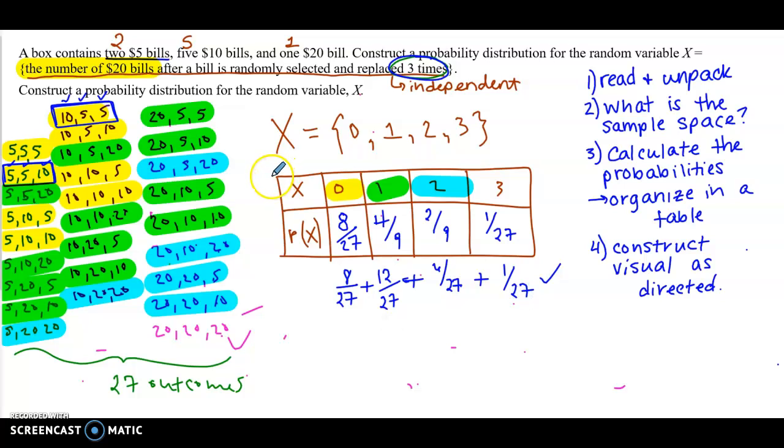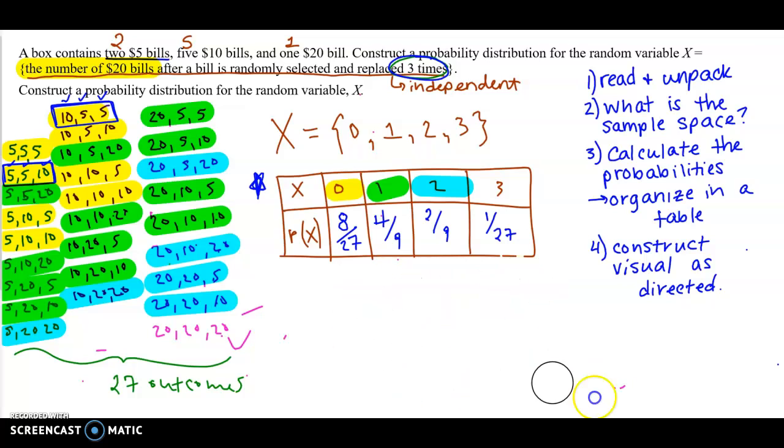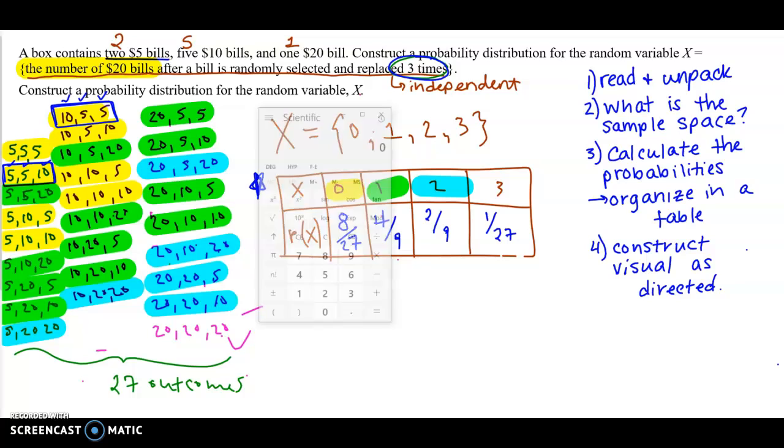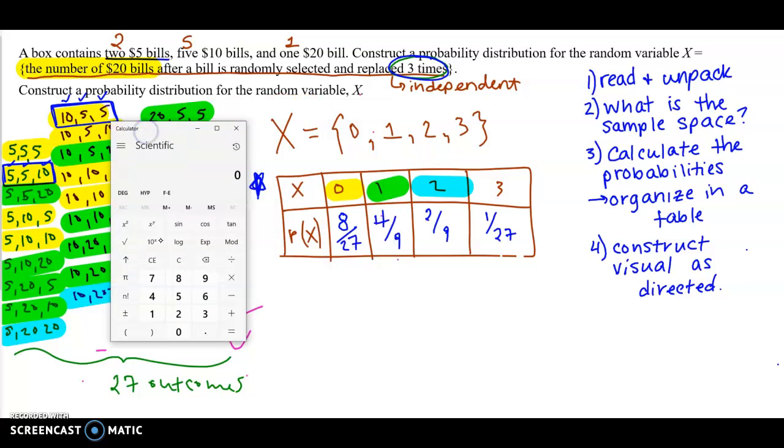All right, so then this table would be what you graph. So let's take a look at that right down here. And it might be easier to do this in decimal form. I think it's easier for me to do it in decimal form personally. 8 divided by 27 is 0.296.